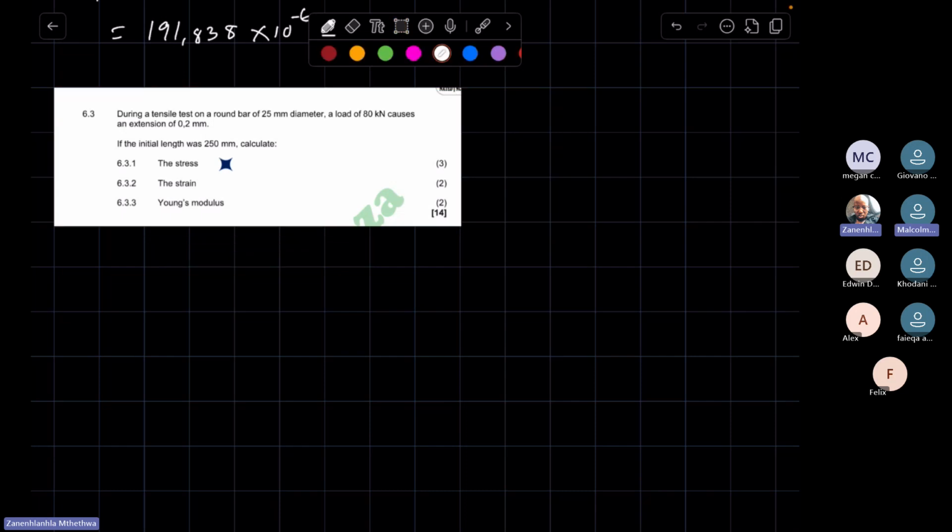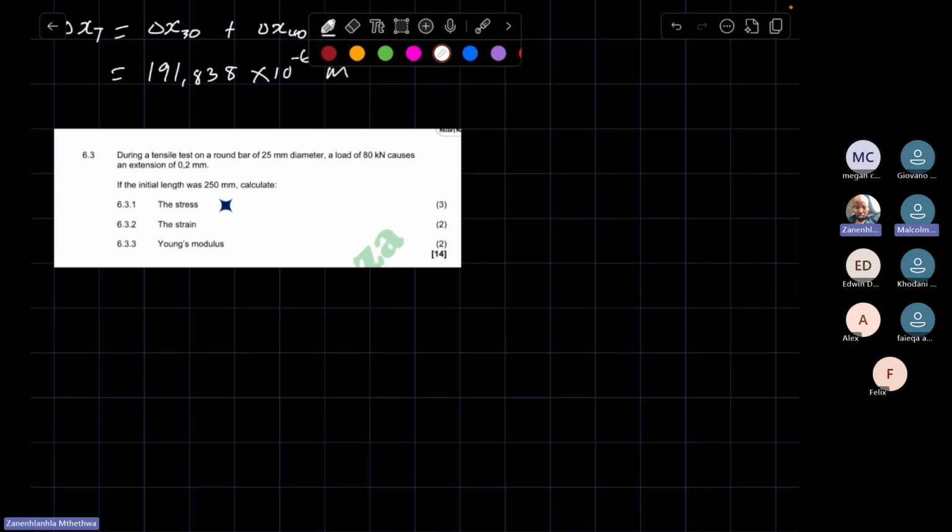You are given the change in x, the diameter, the force, and the original length. You are asked to calculate the stress. We know stress is force over area. You have the force and the diameter, so you can get the area, so you can get the stress.